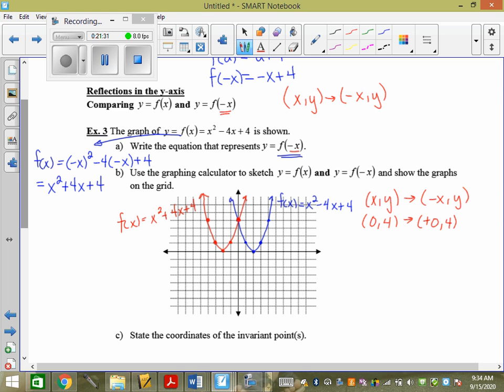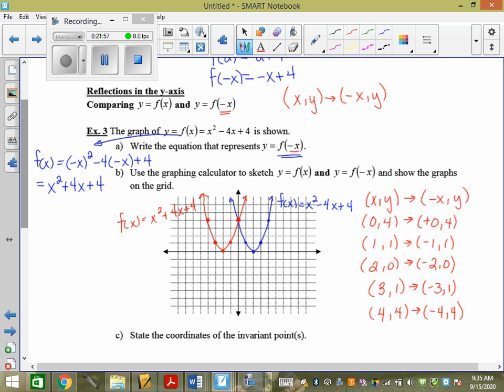So it stayed the same. 1, 1 becomes negative 1, 1, which I did. 2, 0 becomes negative 2, 0. 3, 1 becomes negative 3, 1. And then 4, 4 becomes negative 4, 4. So I just use my mapping, right? And I can get everything perfectly.